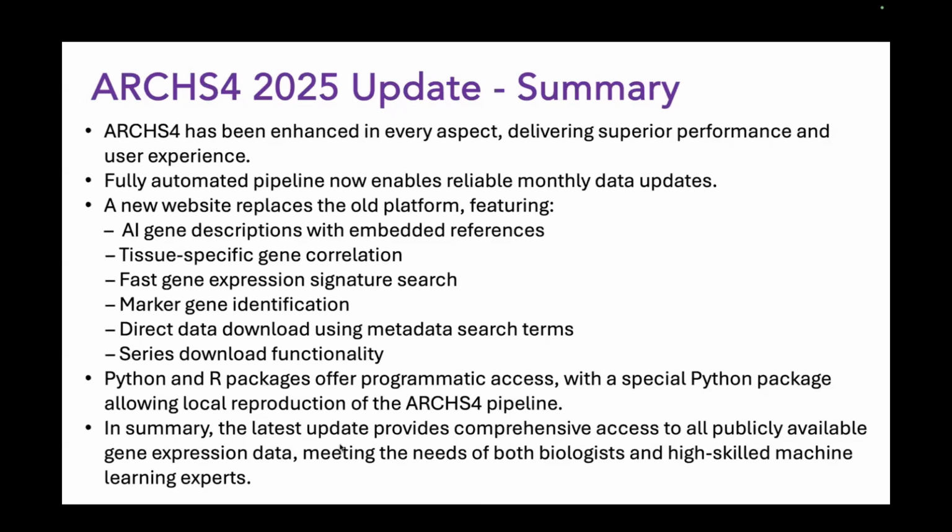Then we have the marker gene identification, which you could also compute on your own computer if you download the big file and use the ARCHS4 package, for example. What was really a challenge was the new download function in the Data Explorer, where you can just click on a button and download.